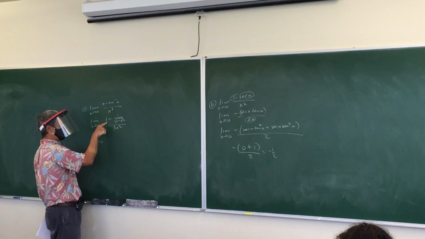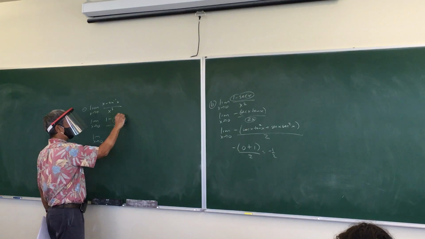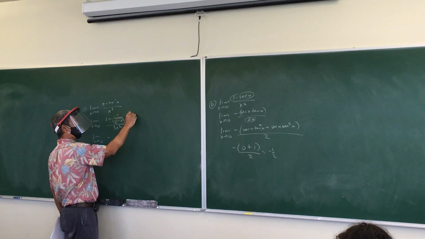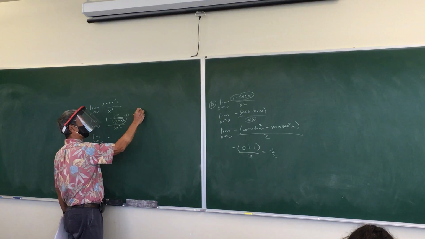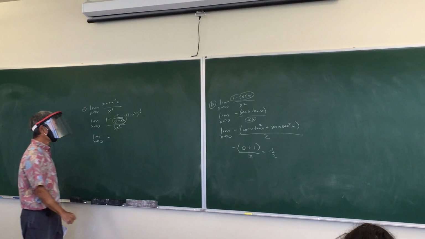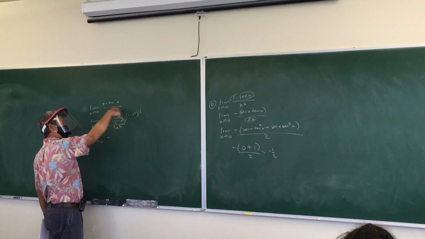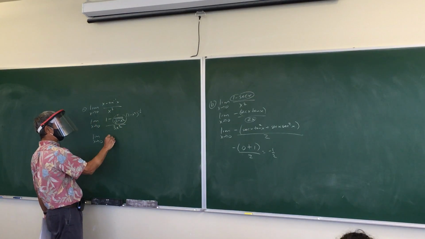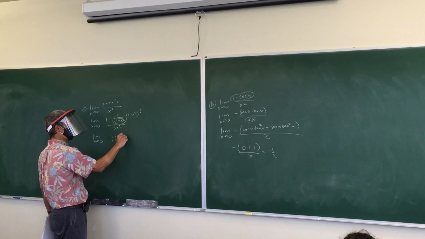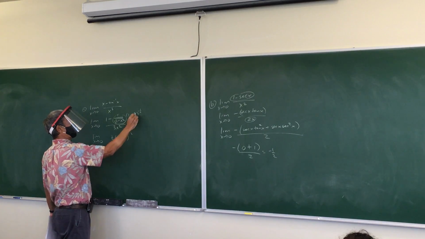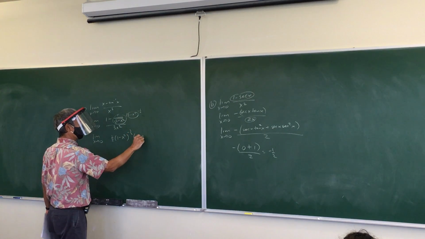The derivative of 1 is 0. Now this is the same thing as 1 minus x squared to the negative half power. If you put the negative half in the front, it's going to become plus 1 half times box to the negative 3 halves times the derivative of box.